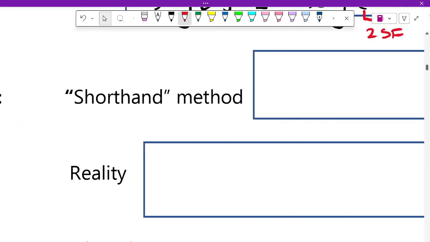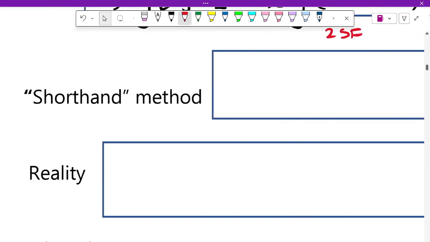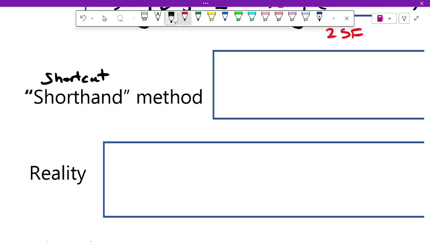Okay? And our shorthand method, you guys don't know what shorthand is, but that's okay. You can say shortcut. Go look up what shorthand is. It's this little series of squiggles that they used to use back before there was speech to text. The big CEO in the company would dictate to the secretary, and the secretary would take notes in shorthand, which is faster than writing words, because they have single symbols for syllables and words.